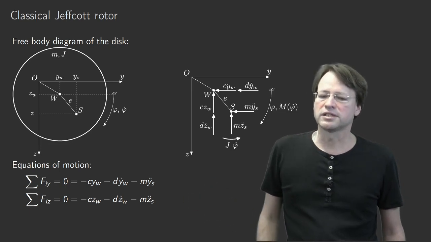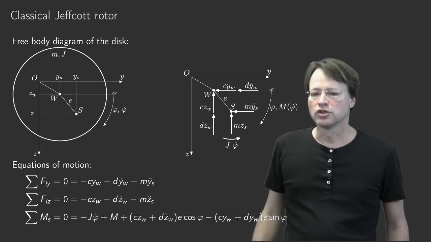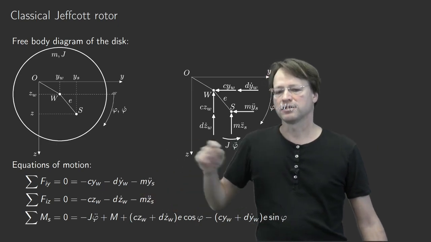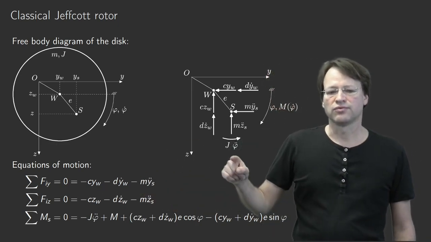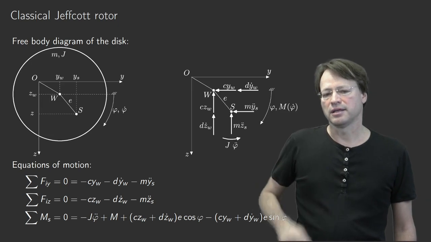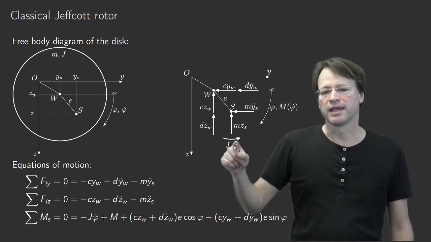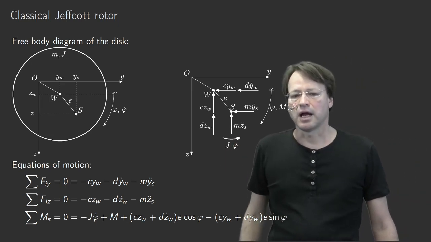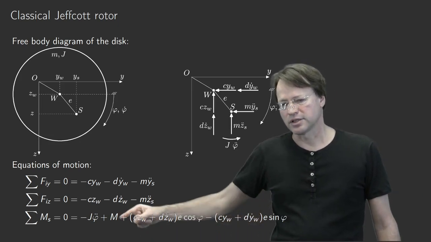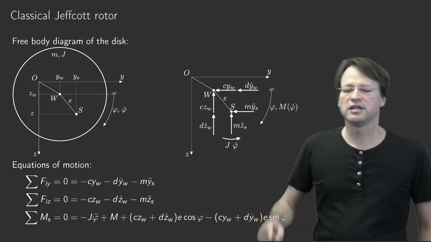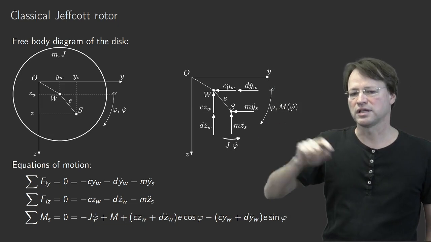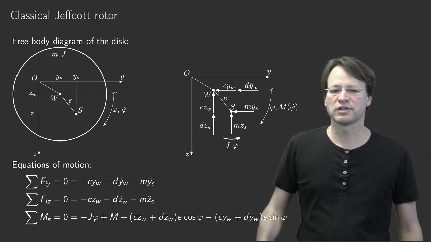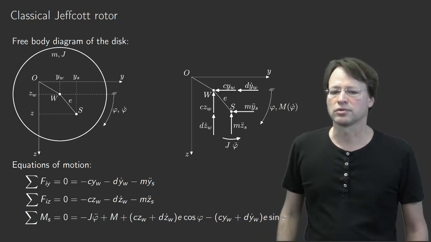And now the last equation will be related to the balance of angular momentum. So you will find J, the mass moment of inertia, and the angular acceleration with a negative sign here. Look at the direction of that angle phi. It marks the positive direction. The driving torque is of course positive.